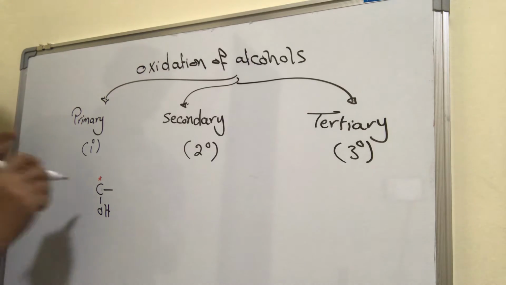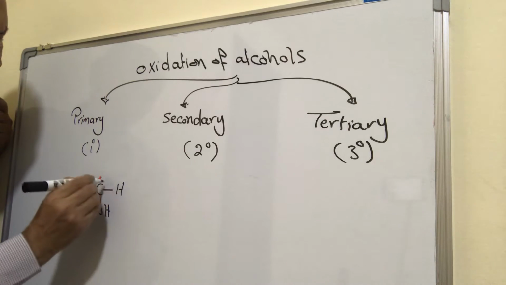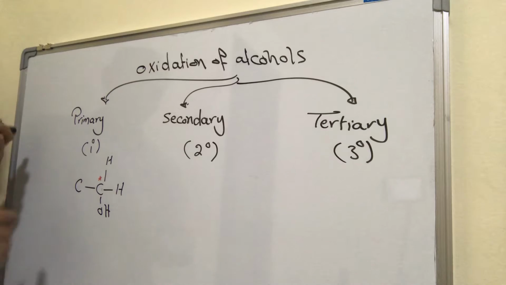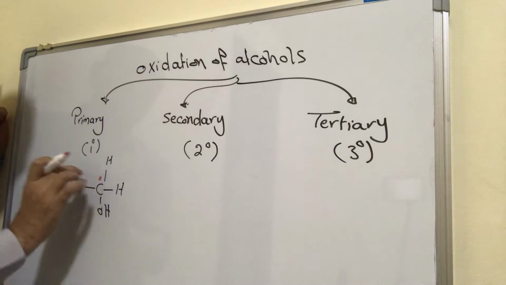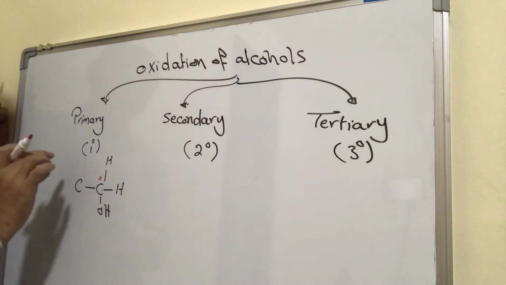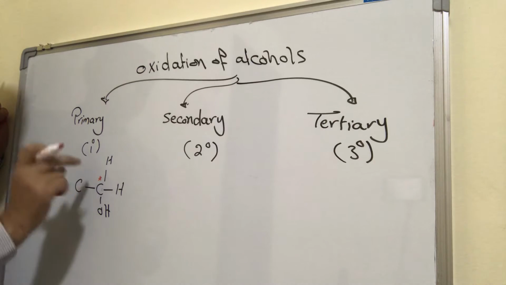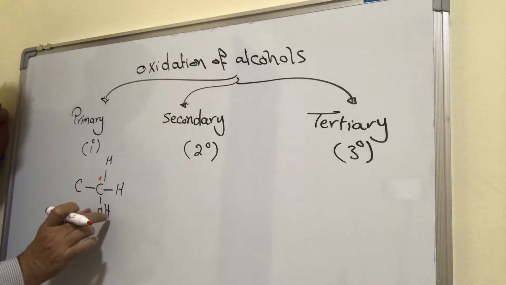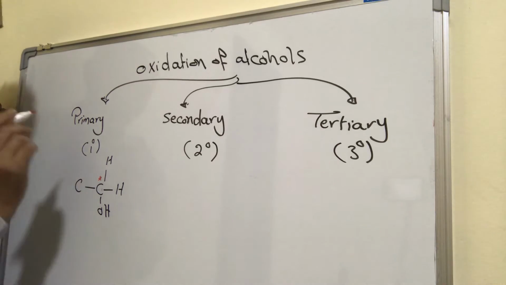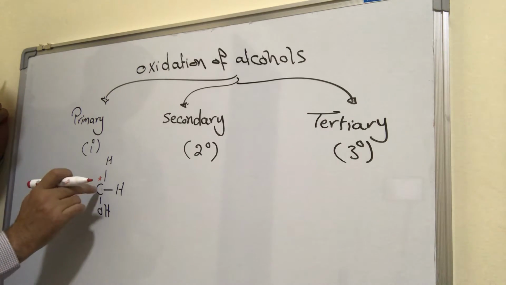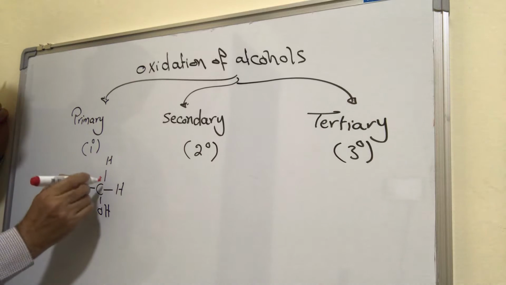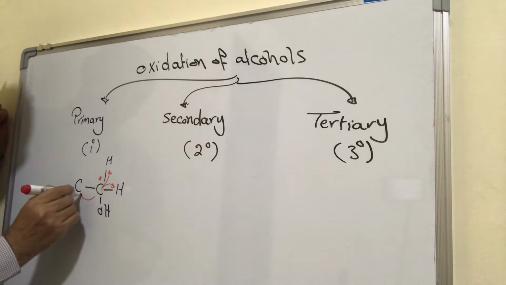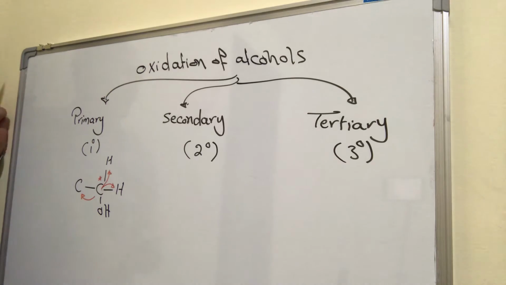Whatever the number of carbon atoms in the compound, the most important carbon atom is the one that holds the OH. Look at the other 3 bonds that make up the 4 bonds of the carbon. If you find 2 hydrogen atoms and 1 carbon atom, then directly it is primary.